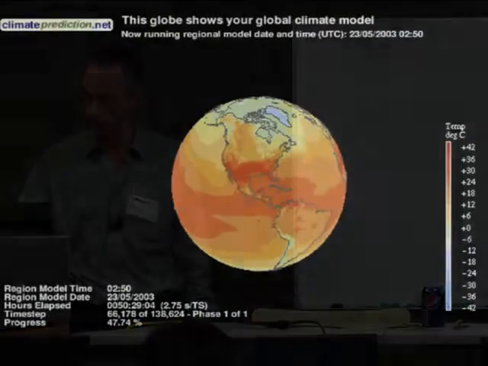As I said, 40,000 active volunteers. This has been going on for 10 years. There have been 300 people who signed up and completed runs, and the total is 20 million model years globally.